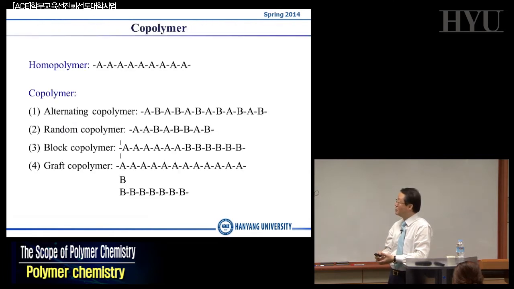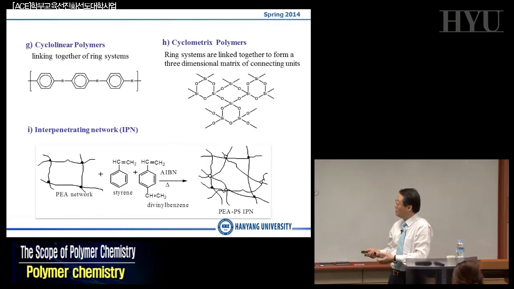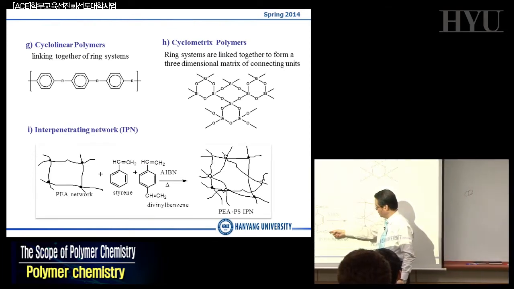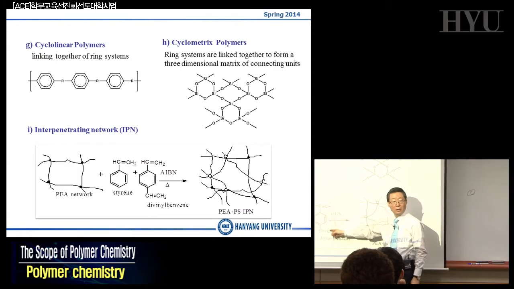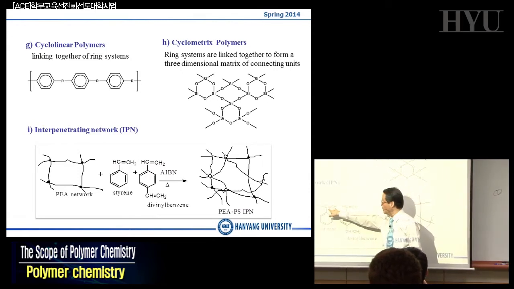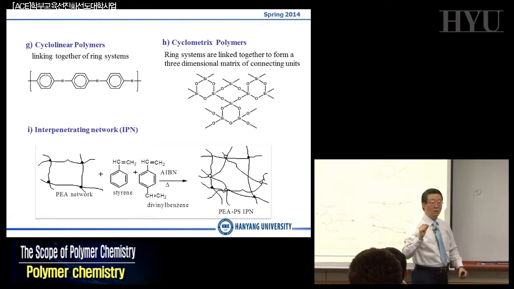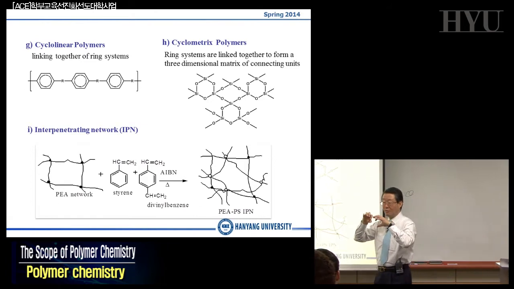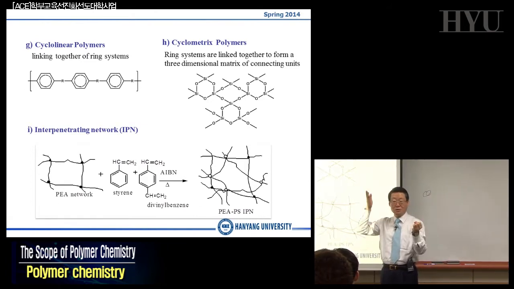If you go back to this case, we call this divinyl benzene. This is the styrene monomer. Styrene monomer has one double bond. This double bond could form a radical once you attack the double bond.